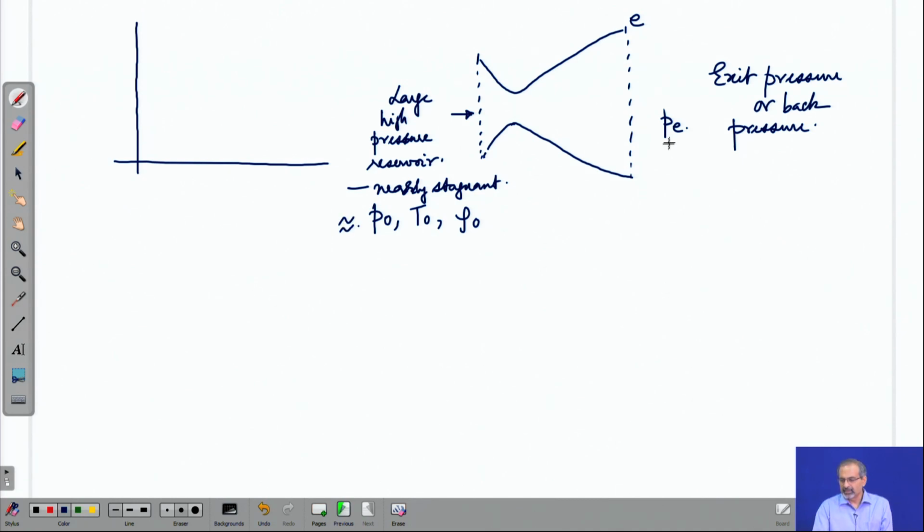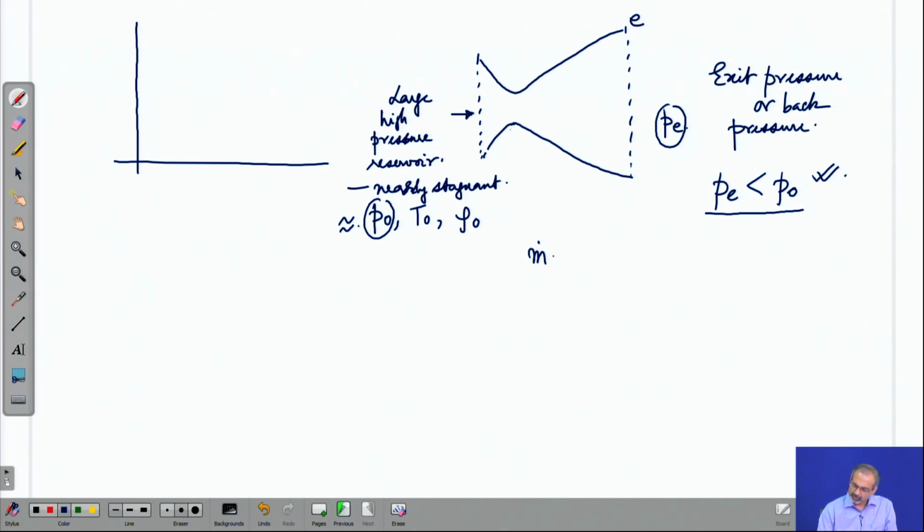And then if there is a pressure difference between the reservoir and what you have at the exit plane, the flow can start as long as the exit plane pressure is lower than P naught. So, let us say you are operating a valve downstream or running a vacuum pump downstream, so that you can create this pressure difference between the two sides. Gradually a flow starts and the mass flow rate that moves through the CD nozzle also begins to increase.